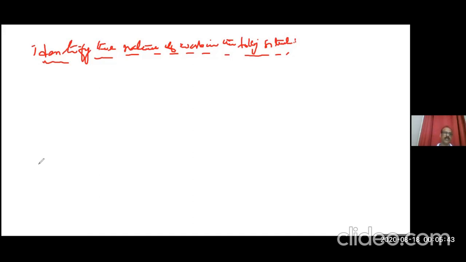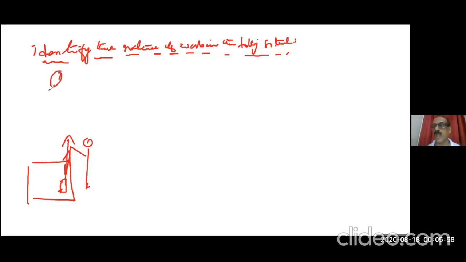Look here, this is a well. From this well, this boy lifts a bucket of water. First one: with respect to his muscular force, work done is positive. With respect to gravitational force, work done is negative.